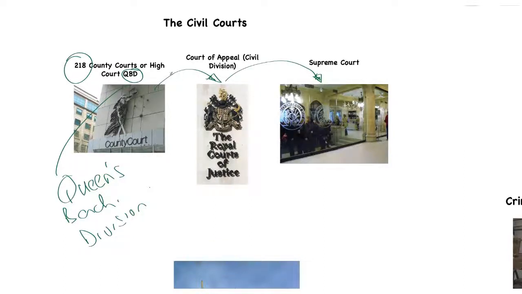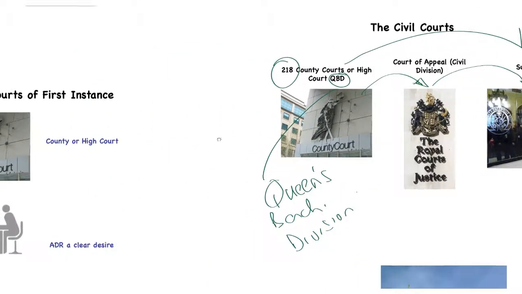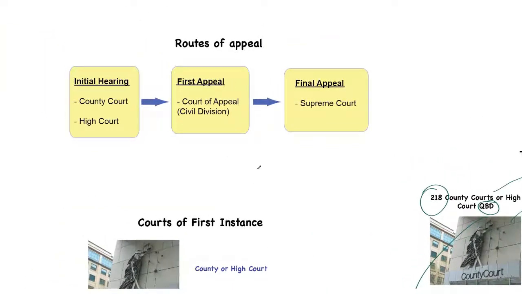I will later on in the video explain a situation in which cases on appeal go from the county court or the high court straight to the Supreme Court. As you are aware, that is called leapfrog. But we'll talk about that later. So, in essence, we can summarise our routes of appeal as thus.